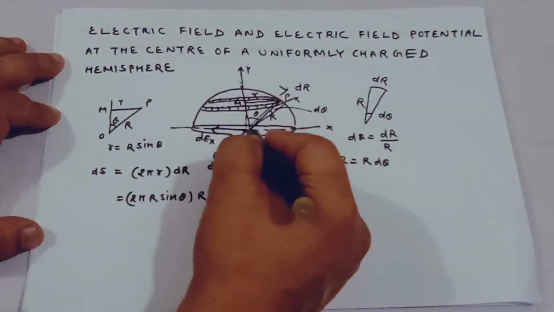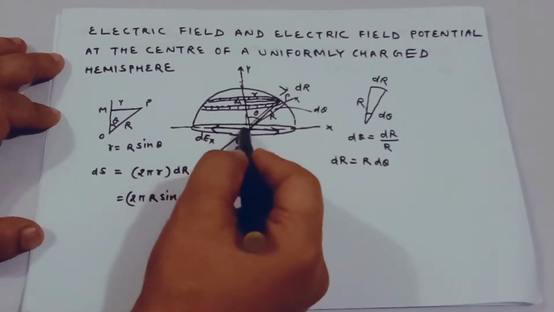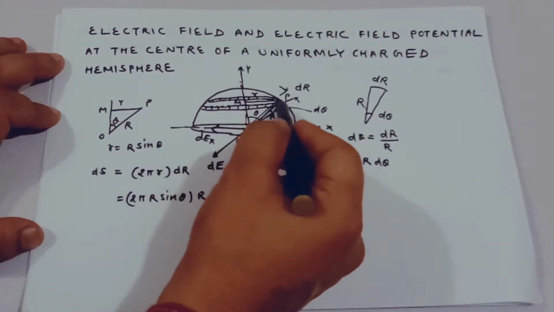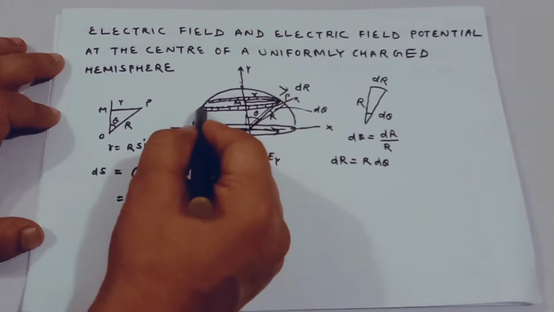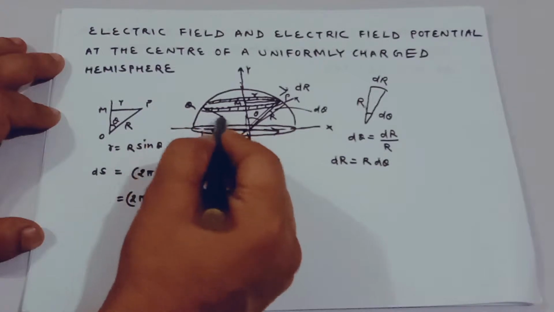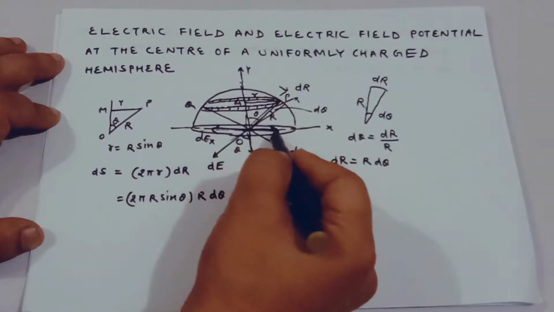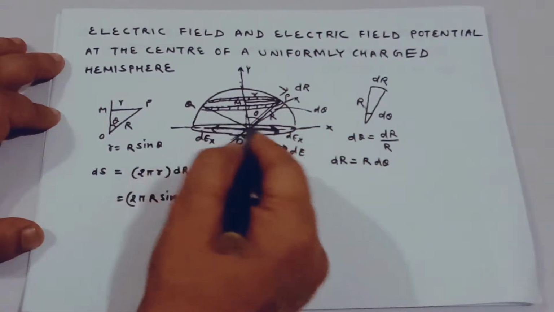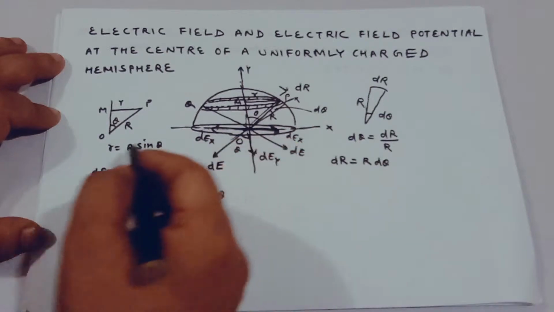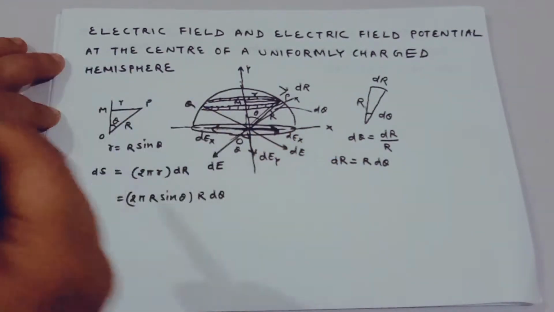Of course the electric field along the x-axis would be cancelled out, because the electric field along the x-axis because of point P is in this direction. Similarly, if you consider another point, suppose Q, the electric field dE would be in this direction, and so the electric field along the x-axis would be cancelled out because of the opposite direction of these two electric fields, because of the components of P and Q.